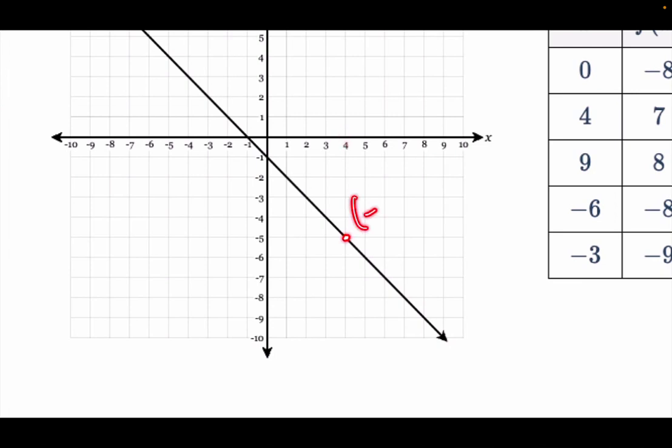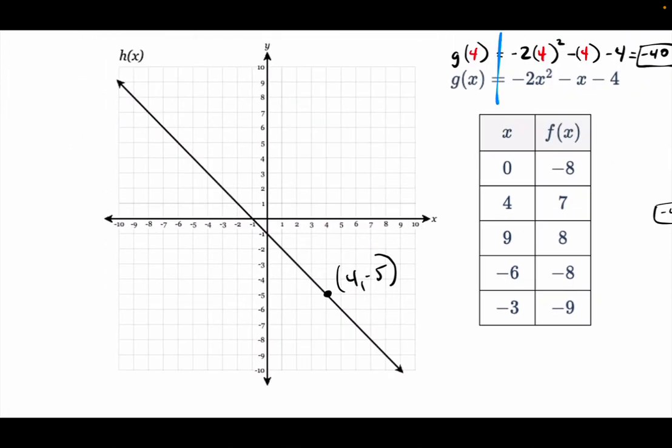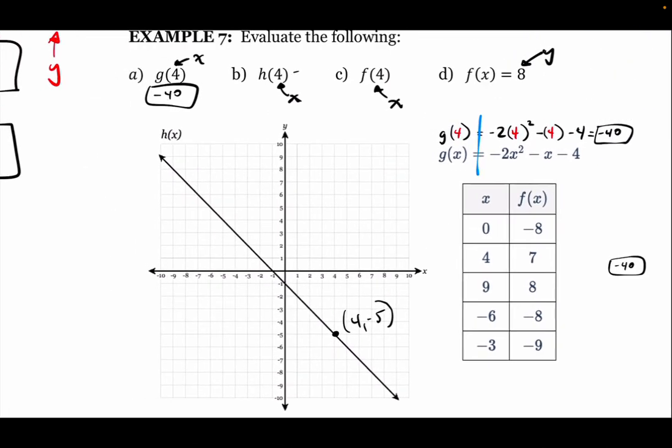So this one's at positive 4, negative 5. I already knew the 4, so now I know the negative 5. So for the first one, put y equals negative 40? You can. Yeah, it's not wrong. If you put y equals, and the second one you put y equals negative 5, I'd give you full credit.